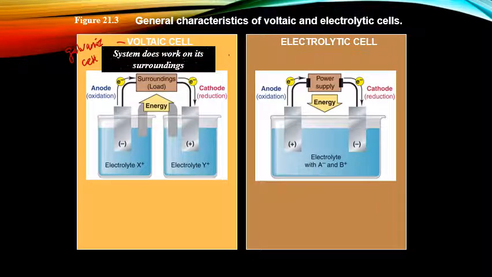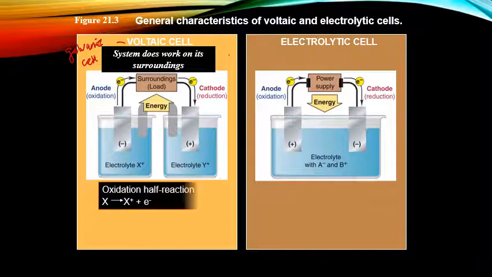When we look at the system here, it is providing enough energy to do work on the surroundings. So as the electrons transfer through the wire, there's some type of object there that's going to harness that flow of electricity, the flow of electrons, and it's going to be able to do work on the surroundings. The oxidation half reaction for this particular chemical system, we have the X going to the X plus an electron.